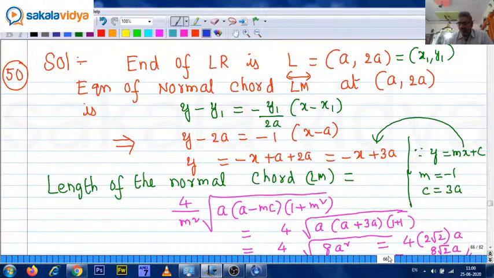Even ellipse and hyperbola are very easy rather than this parabola. Parabola is very easy. Okay, Tarun Rayal, you can make a move, no problem.